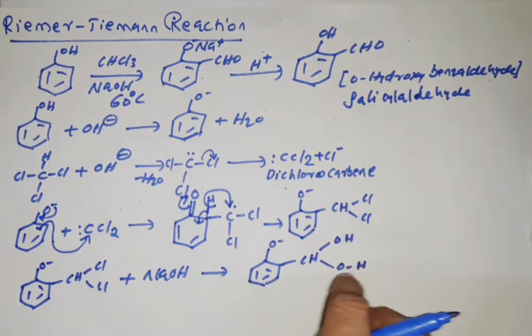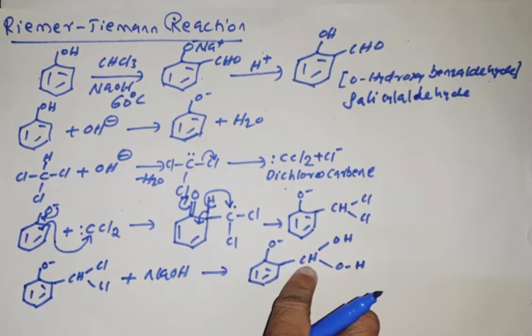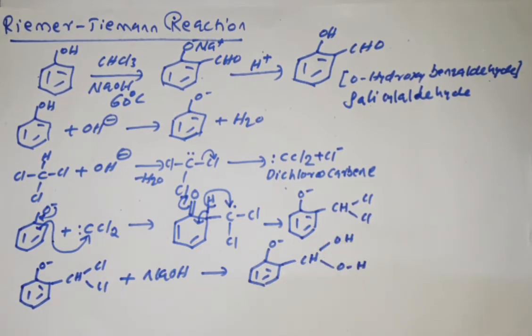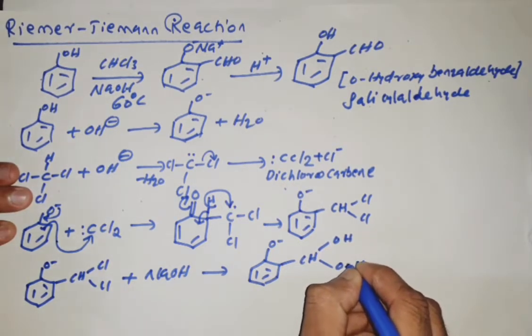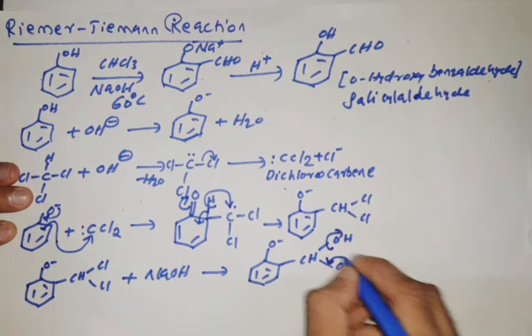Two hydroxyl groups on the same carbon atom is highly unstable. This condition is highly unstable. That's why there is a removal of a water molecule, shifted to here. This is minus H2O.